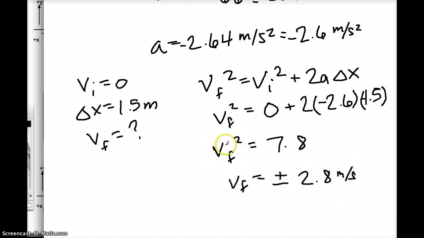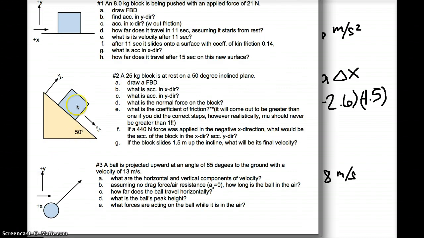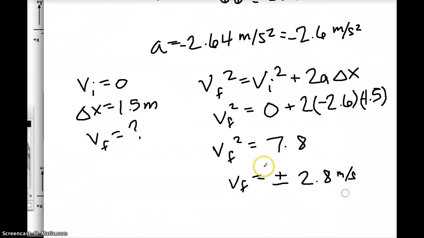Because this equation is such that it's squared here, we can't just tell by looking at the math whether it should be positive or negative. We have to use a little bit of logic. The block started from rest and it's accelerating in the negative direction, so it makes sense that it's going to have a negative velocity. Its position is changing towards the negative direction. Its position is getting more and more negative, so final velocity is negative.